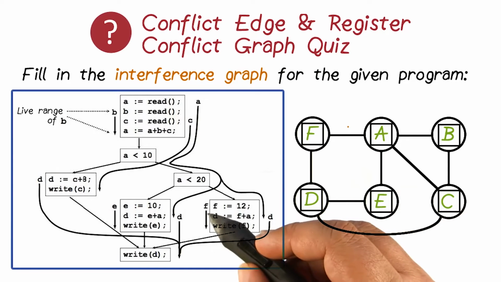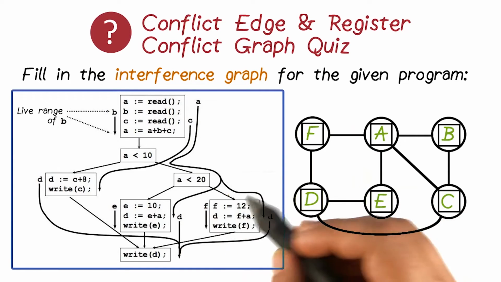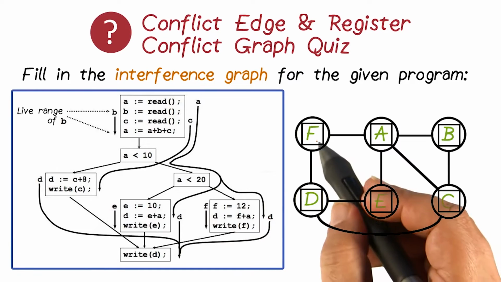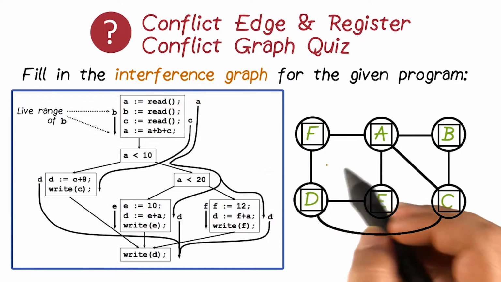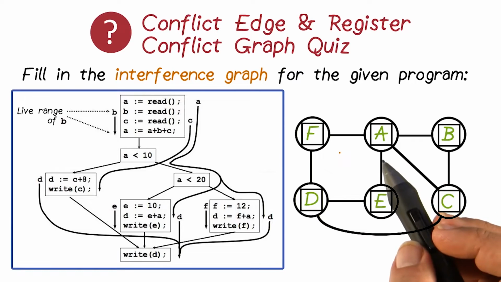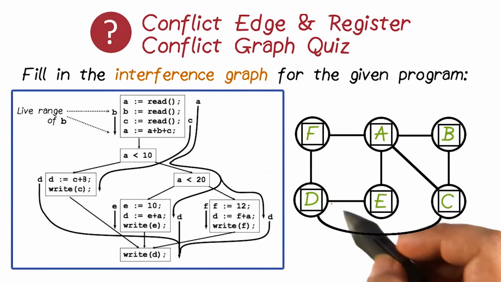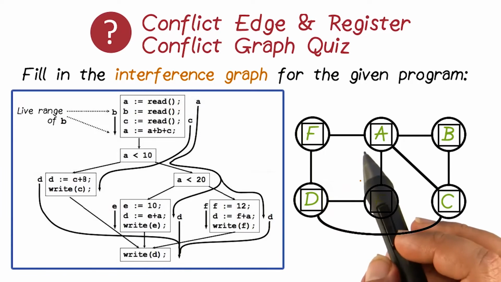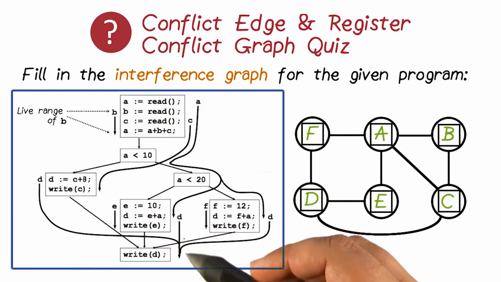Similarly, we have interference between F and D because their live ranges do overlap, at least at this particular program point. And again, because of that, we do have an interference edge. And you can verify this to be true for other edges as well, such as, for example, D and C. So we have a live range of D, which is going all the way here.